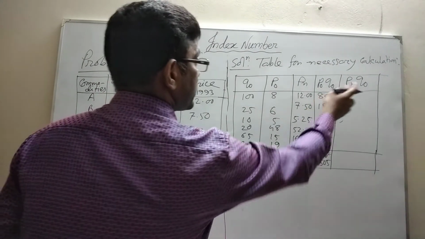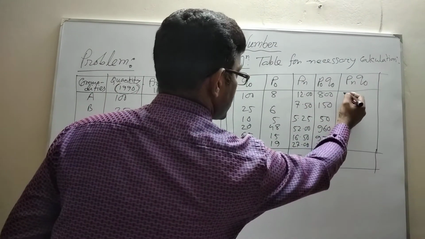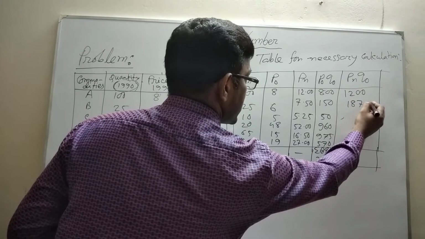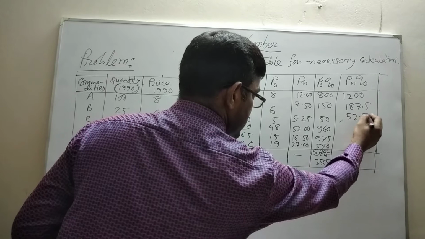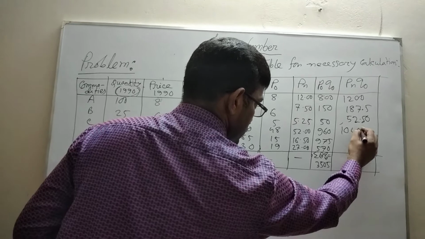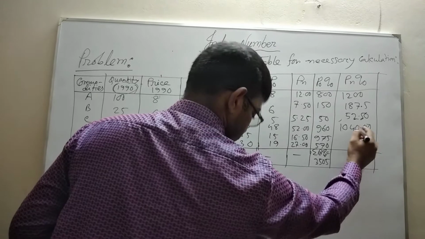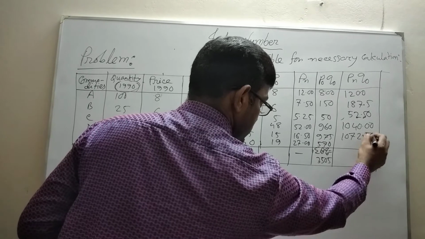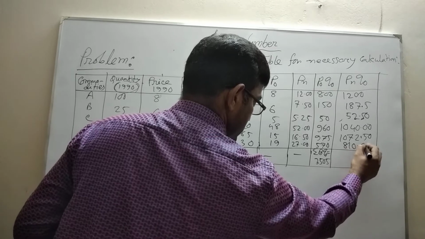And PnQo: 1200, 187.5, 52.50, 1040.50, 40.00, 172.50 and 810.00.